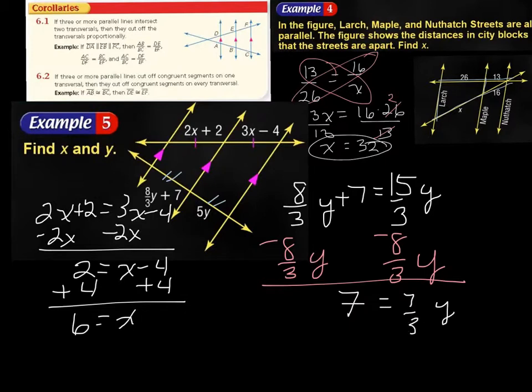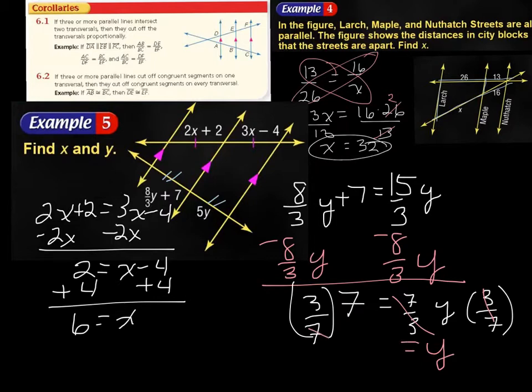Another 7. How convenient. So now if I multiply by the reciprocal, nice little algebra review, I get my fractions to cancel out. So I have y equals, the 7's also cancel out. So all of that fraction business was for nothing because y equals 3.